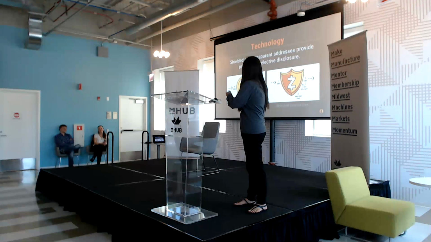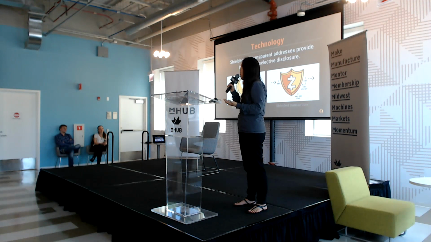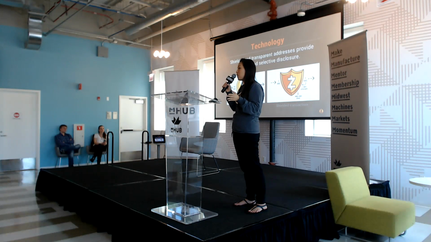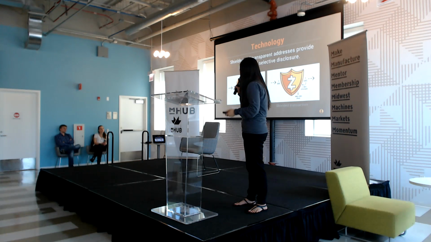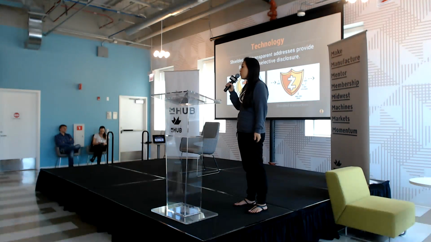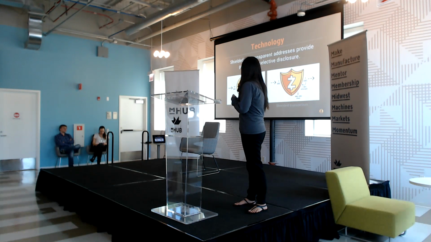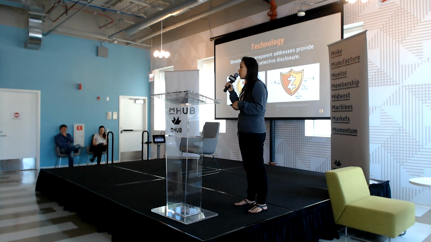We also have transactions that can be shielded, which I talked about, and it's not vaporware, it already exists. You can technically use it today, it's just very difficult to do because it's computationally intensive and you need a desktop machine to do it. We think that in the future, if the network upgrades go well, a lot more applications, exchanges, and services are going to be adopting shielded transactions.